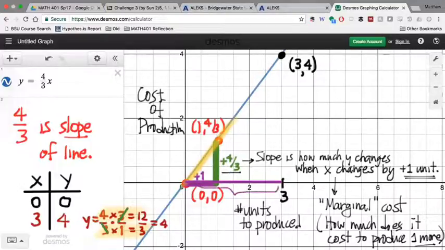Starting from x equals 0, going to x equals 3. That wasn't 1 unit, that was 3 units. And the difference in y values, going from y equals 0 to y equals 4, that was 4 units worth of change in y.